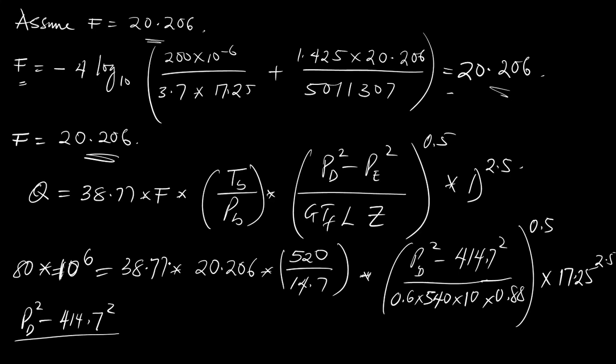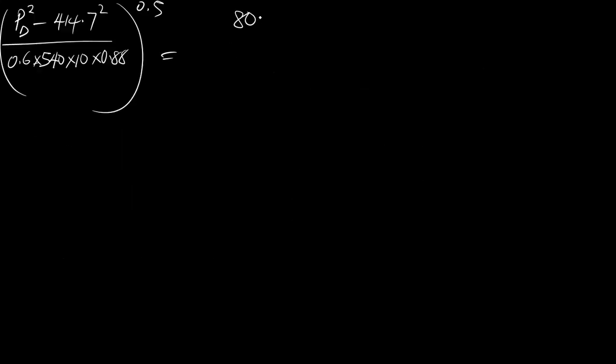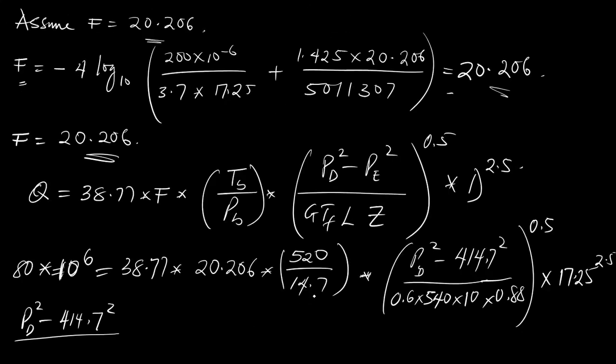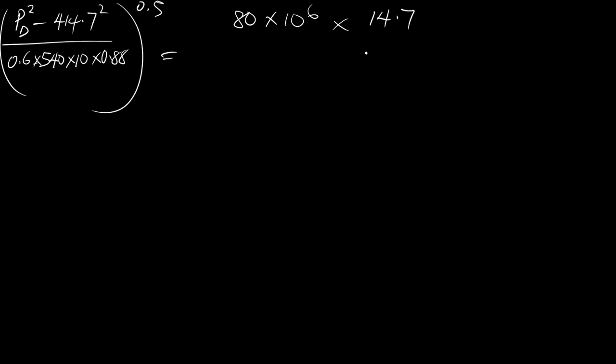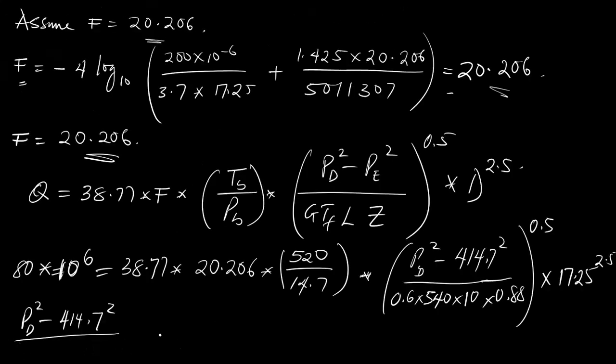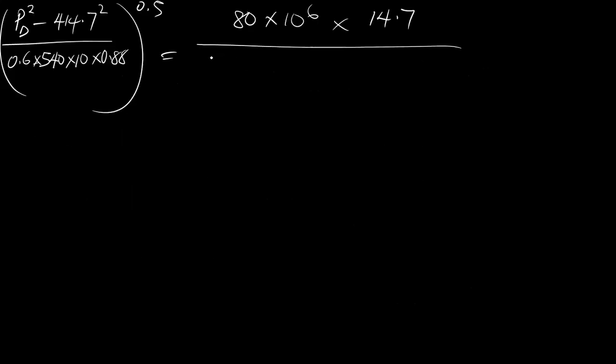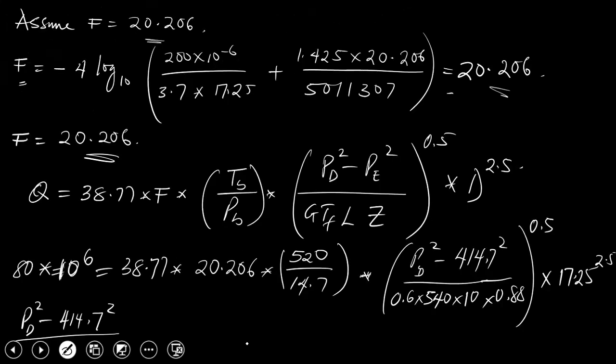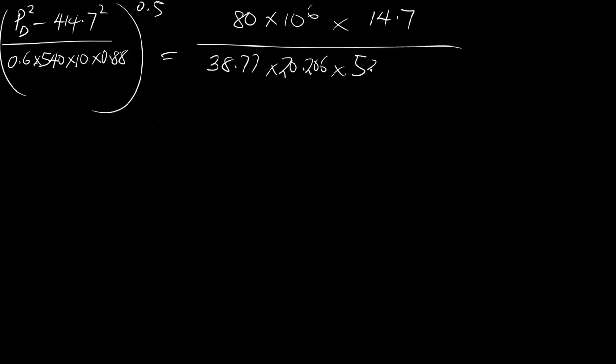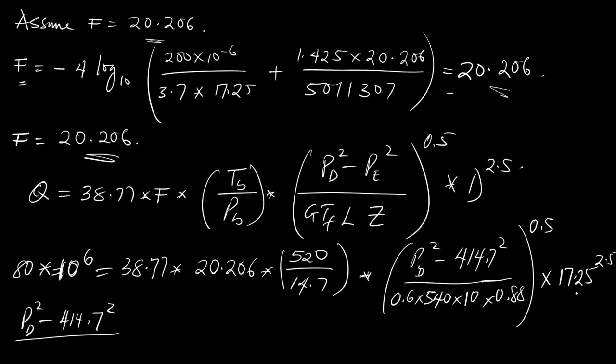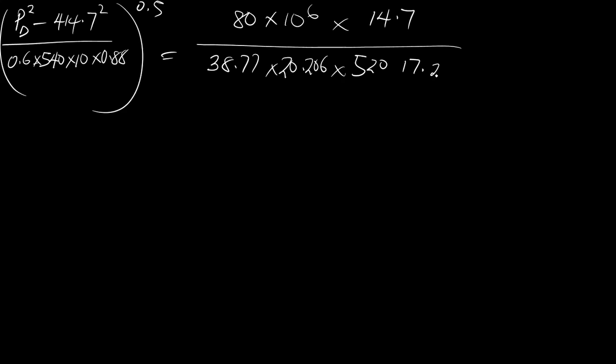So to do that, we are going to say 80 times 10 raised to power 6 times 14.7 divided by 38.77 divided by 20.206 divided by 520 divided by 17.25 raised to power 2.5.